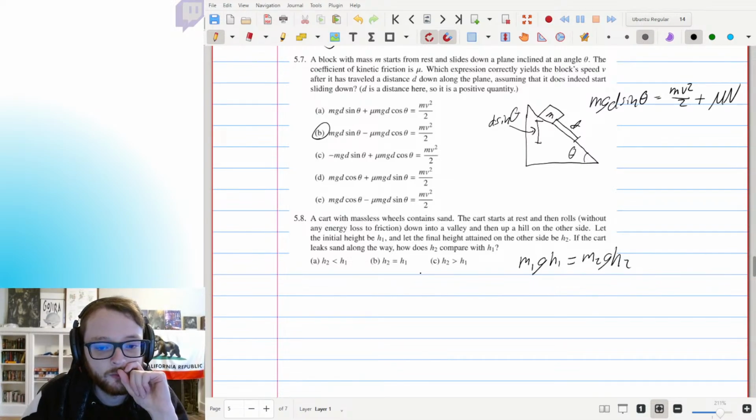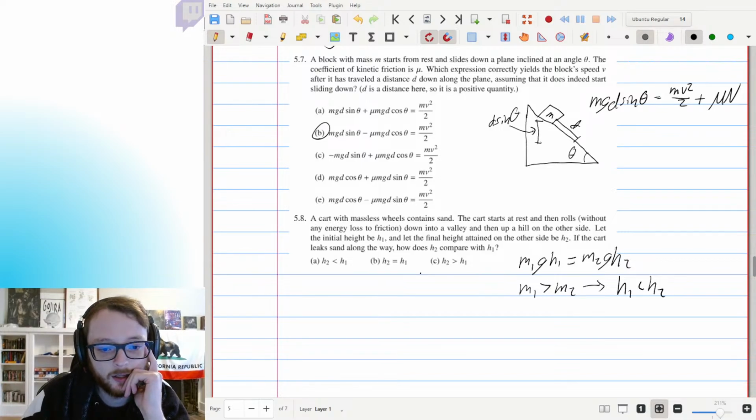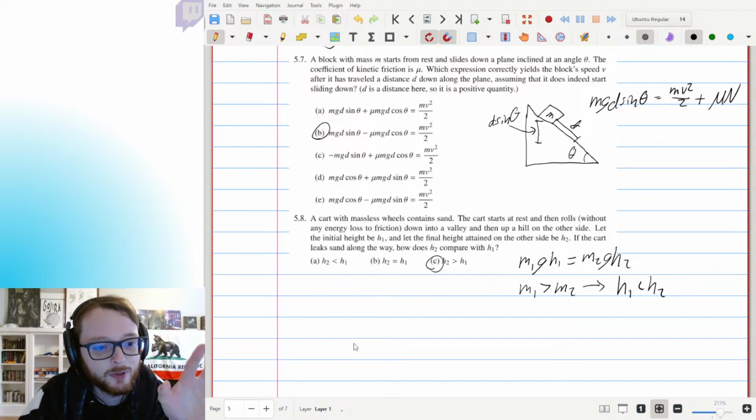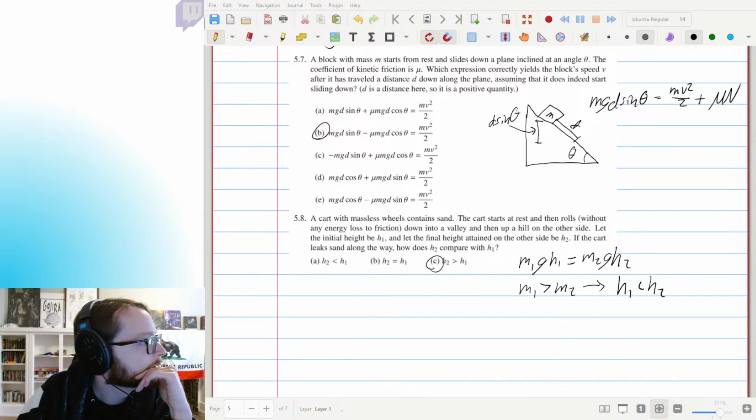If m1 is greater than m2, that implies h1 is less than h2 in order for these two numbers to be equal, because we already know that g is equal. So I think that's our answer. Why are they doing it backwards? Okay, h2 is more than h1. That's the important thing. Okay, so we're saying B and C for 7 and 8.